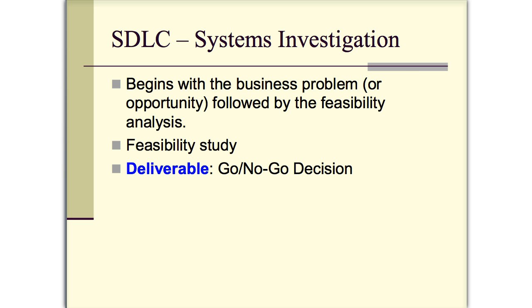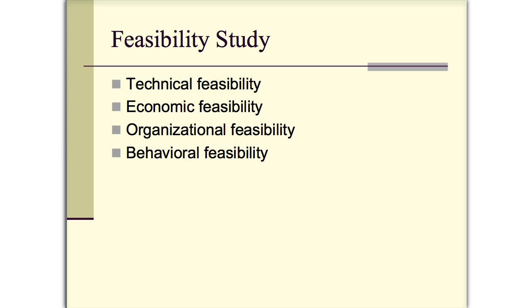Are we going to move forward or are we not? They talk about go or no go, but there's actually 3 different options. You can do nothing and just continue with your existing system, modify or enhance your existing system, or develop an entirely new system. And that decision should come out of this phase of the project.